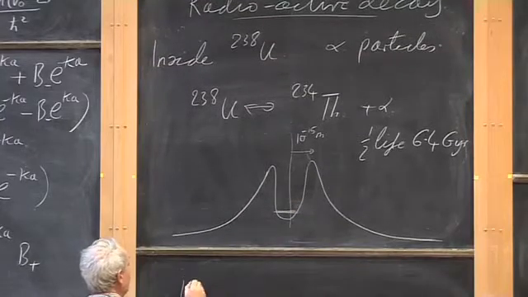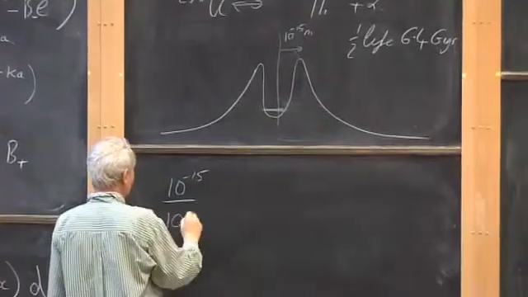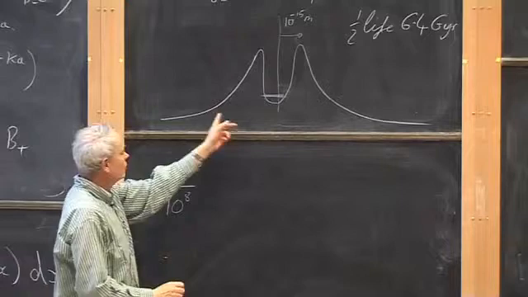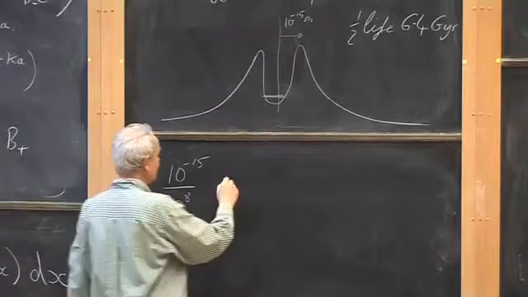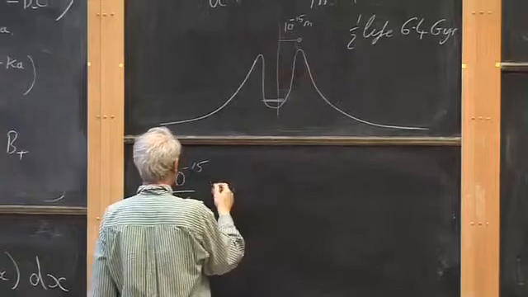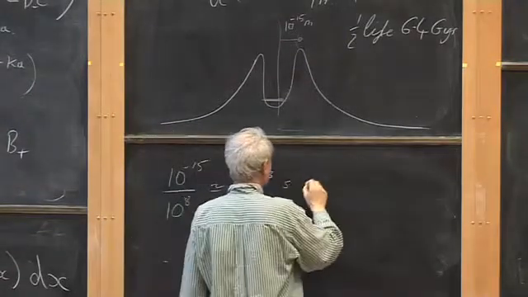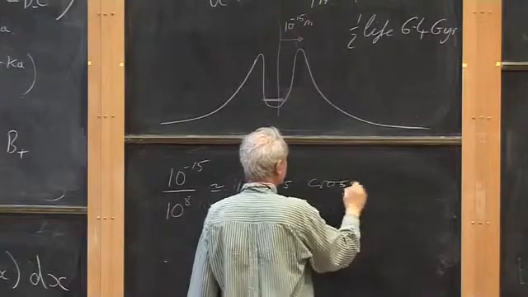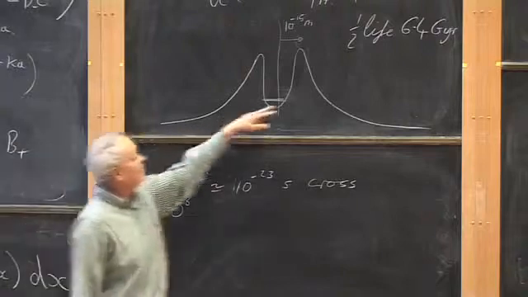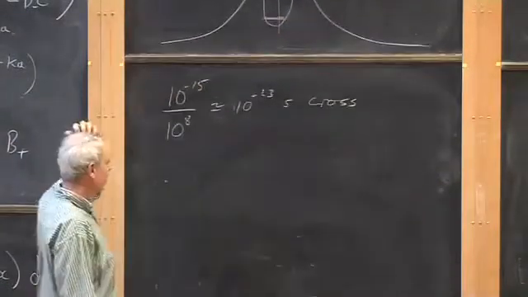If you've got 10 to the minus 15 meters to cover and you're traveling at some speed comparable to the speed of light, you need about 10 to the minus 23 seconds to cross. So roughly 10 to the 23 times a second, this alpha particle bangs to and fro, to and fro. This will be the classical picture.